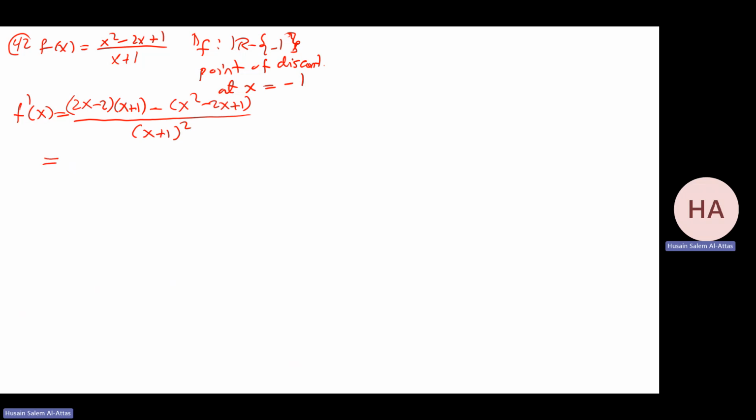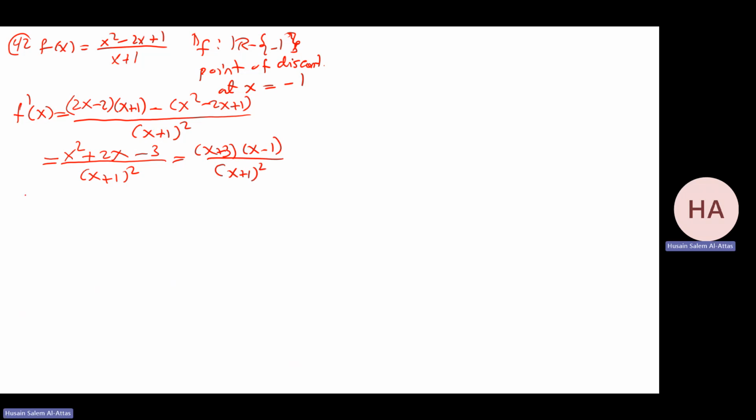Let us do the calculations. I have 2x squared minus x squared, that will be x squared. And I have minus 2x plus 2x, plus 2x. So I have x squared plus 2x. The constant is minus 2 minus 1, that will be minus 3, over x plus 1 squared. And that gives me x plus 3, x minus 1 over x plus 1 squared.